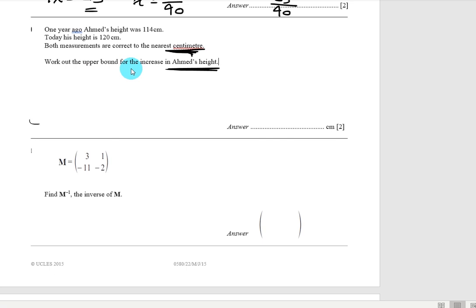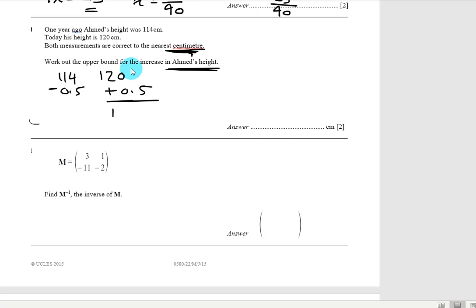Nearest centimeter means 114 is the height of Ahmed in the previous year, and this is 120. We subtract 0.5 and we add 0.5.